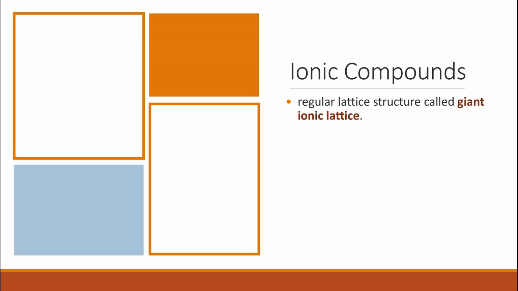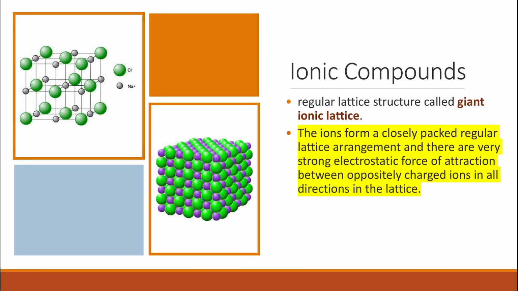Ionic compounds. Compounds with ionic bonding always have giant ionic structure. They are called giant ionic lattice. In these structures, the ions form a closely packed regular lattice arrangement, and there is very strong electrostatic interaction between the oppositely charged ions.